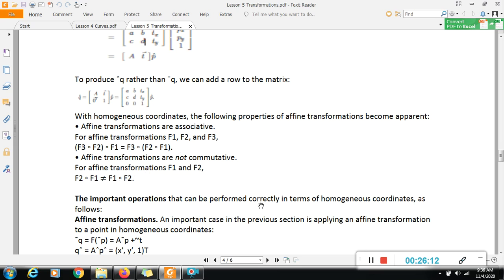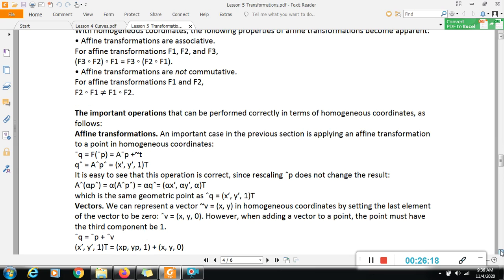The important operations that can be performed correctly in terms of homogeneous coordinates can be done as follows. Affine transformation is an important case, as we have just illustrated in the previous section: applying an affine transformation to a point in homogeneous coordinates.